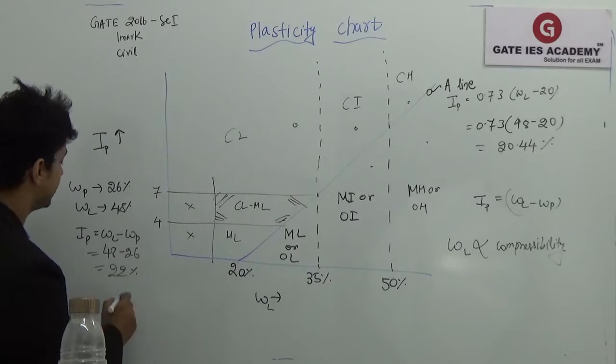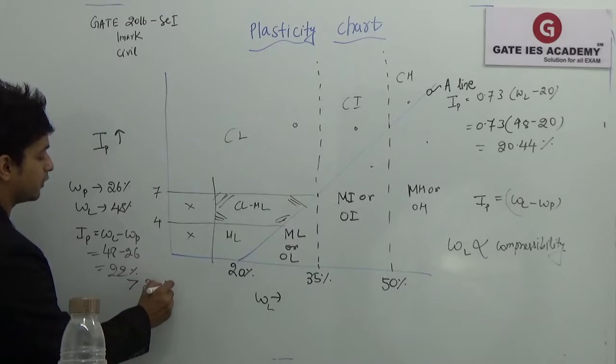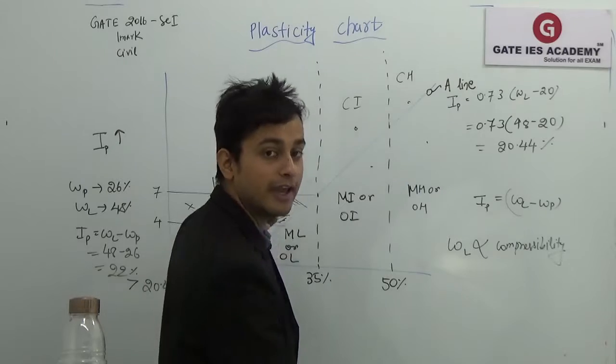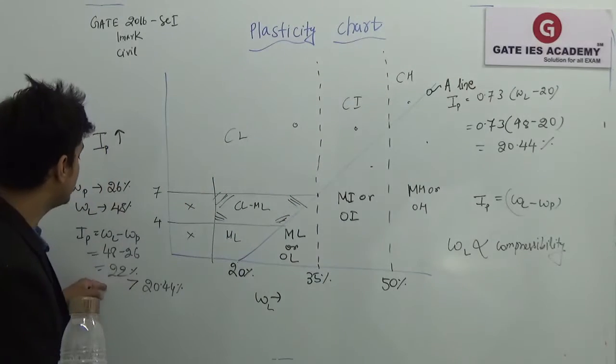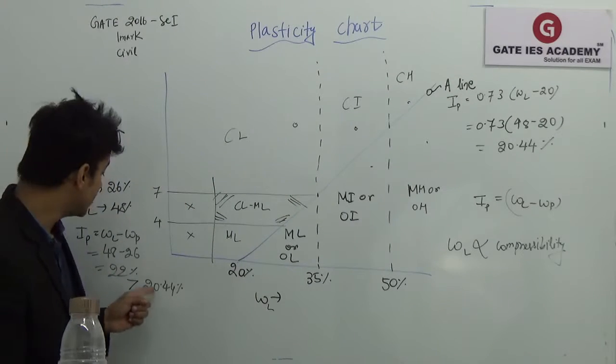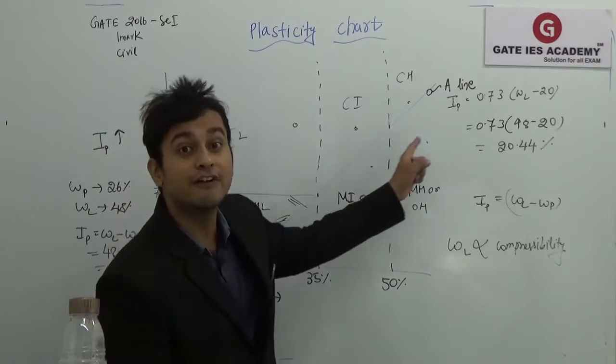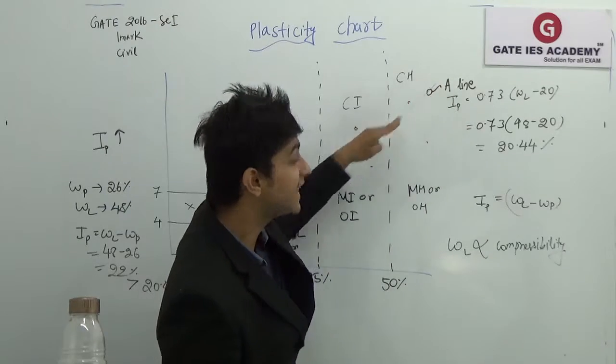So actually this is greater than 20.44%. That means it is above the A line. Okay, so here our IP value is coming out to be 22%, which is greater than 20.44%, which you have calculated from the A line equation.